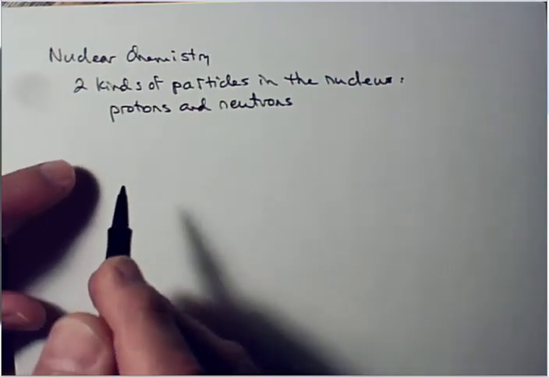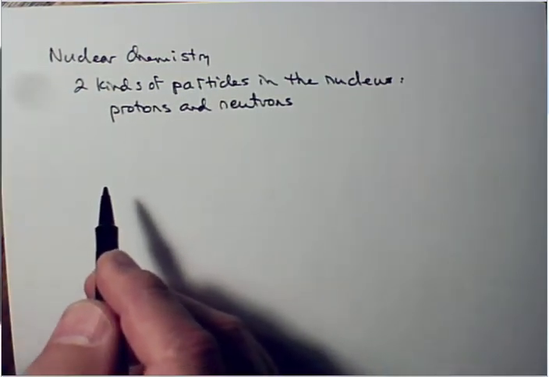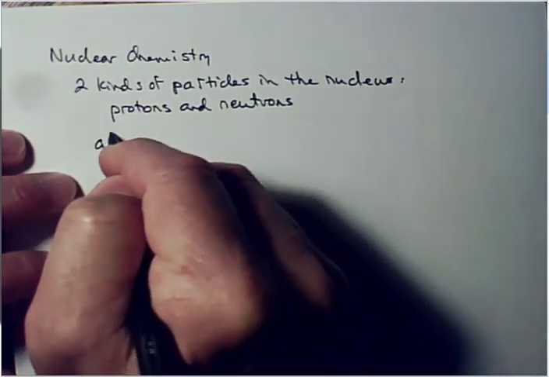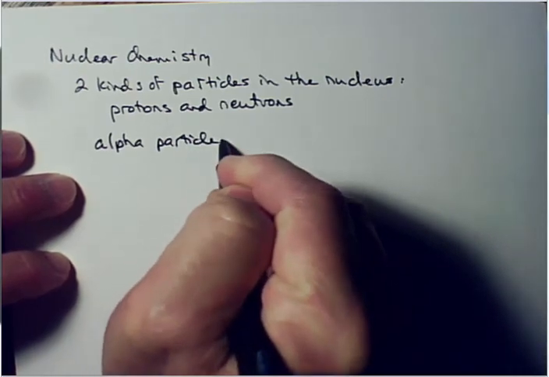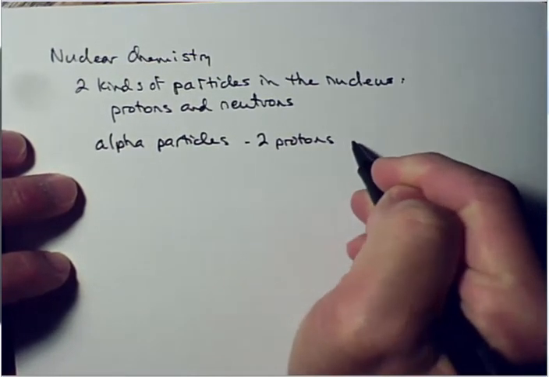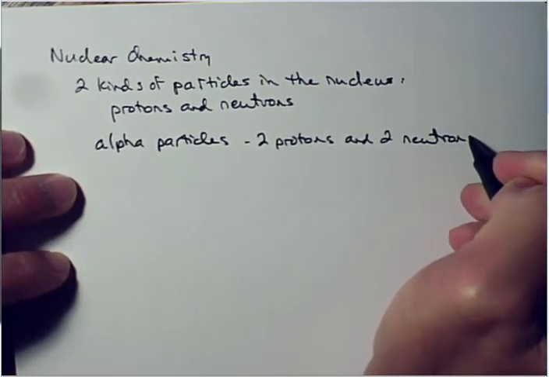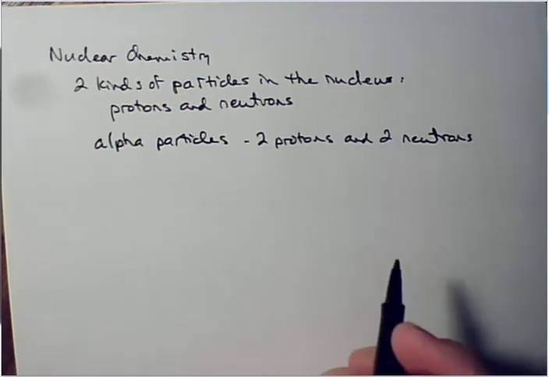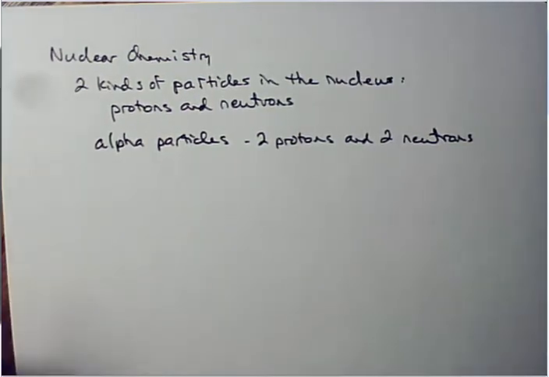And what they're made up of, alpha particles are made up of 2 protons and 2 neutrons. Okay, so they're just like the nucleus of a helium atom, or at least most of them.